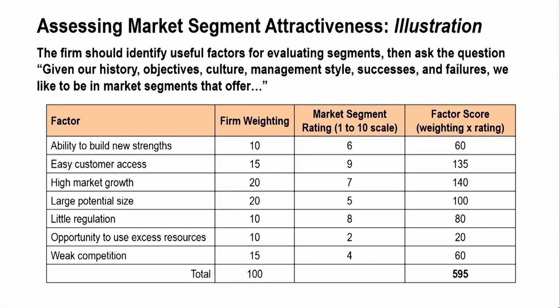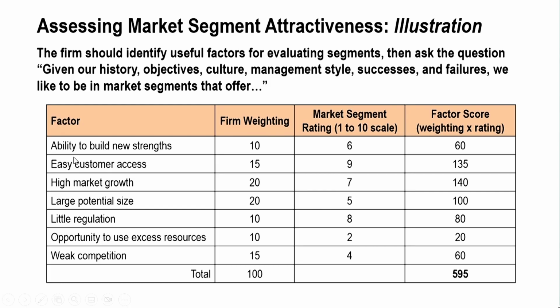This is another interesting, easy to use, but very powerful multi-criteria decision making approach with respect to market segment attractiveness. So, here as you see, we have identified factors for segment attractiveness.